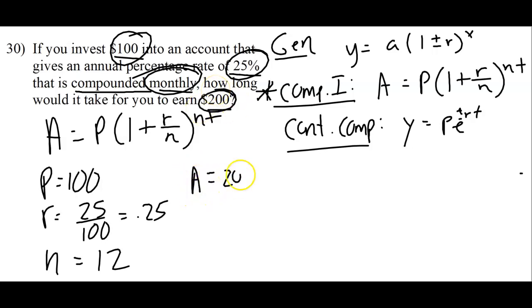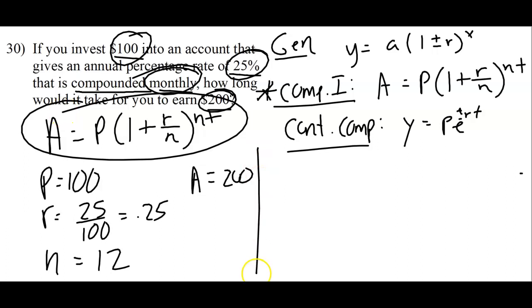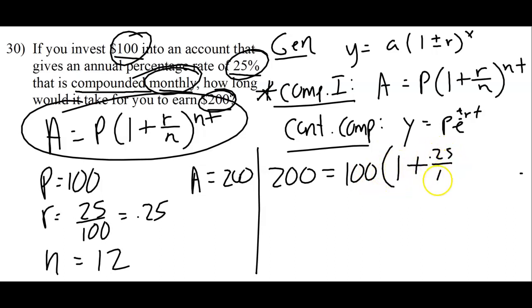So A is equal to 200. So plugging all these numbers into this formula here, we would have the following. You would have 200 equals 100 times 1 plus 0.25 over 12 to the power of 12 t, which is the time. And t is what we're looking for, so that's what I'm trying to solve.